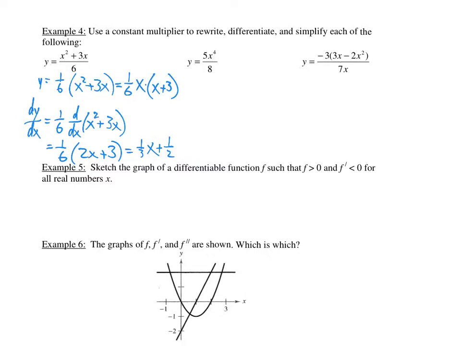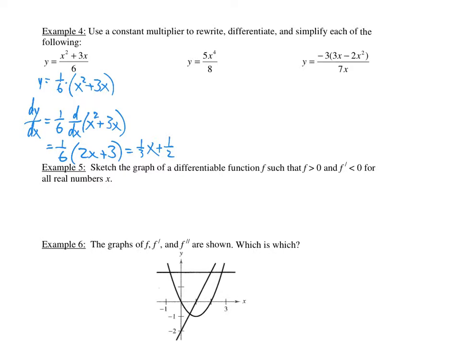What do we have to use when we have multiplication? Product rule. Okay? Notice the difference here is the difference between multiplying by a constant 1/6 and multiplying by another function 1/6 x. So in this case, you could do that, but you would have to use the product rule, which makes it more complex.